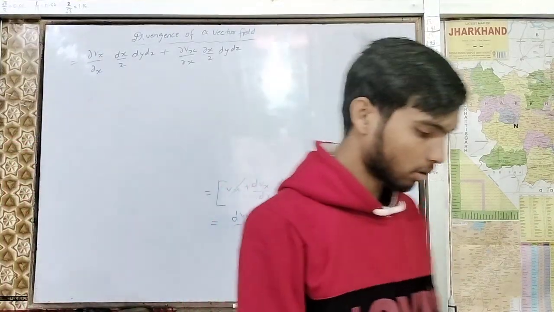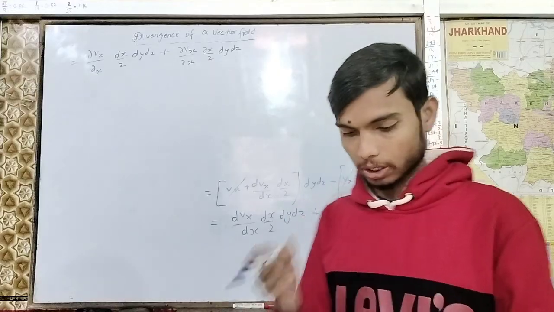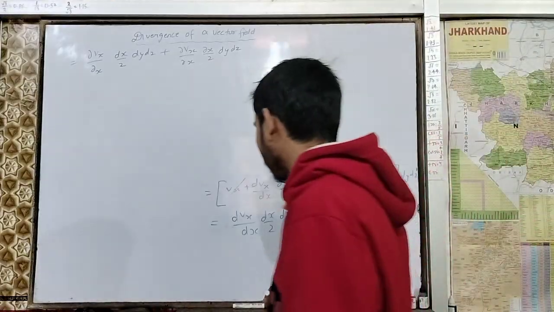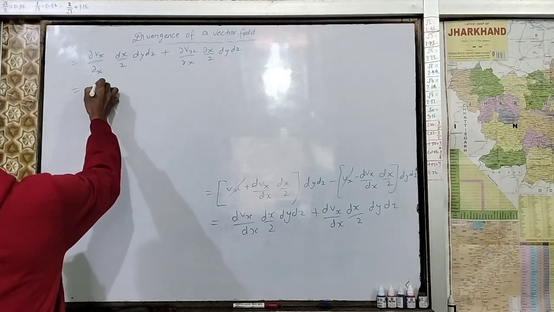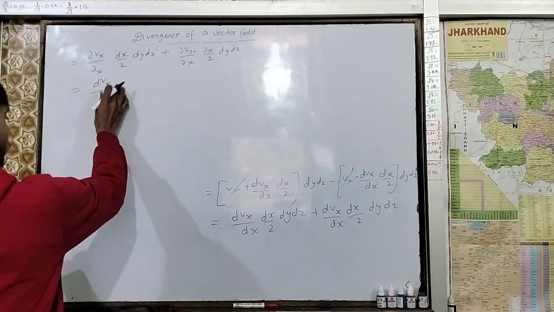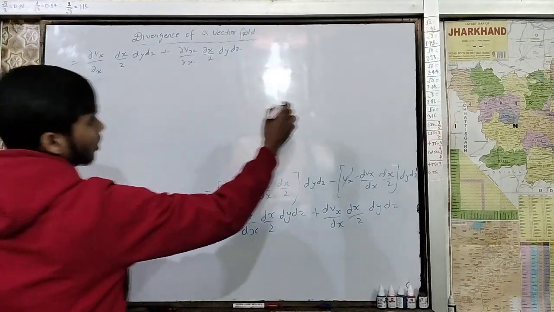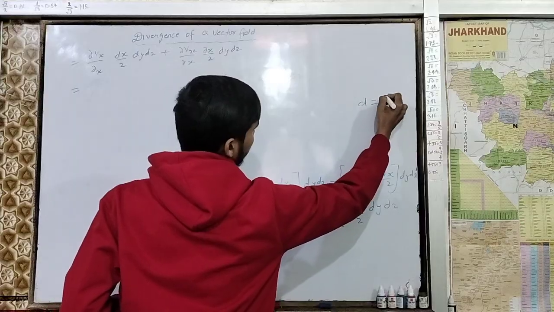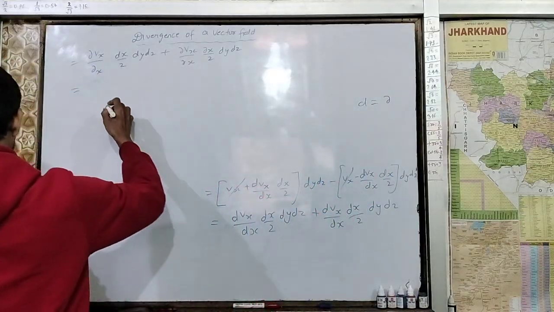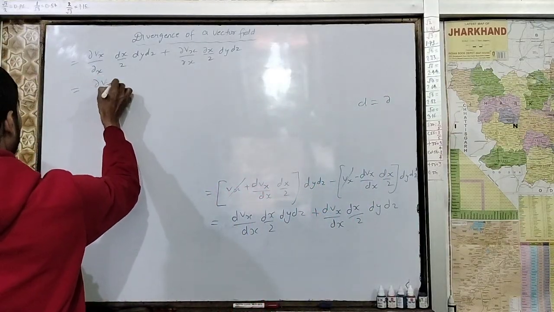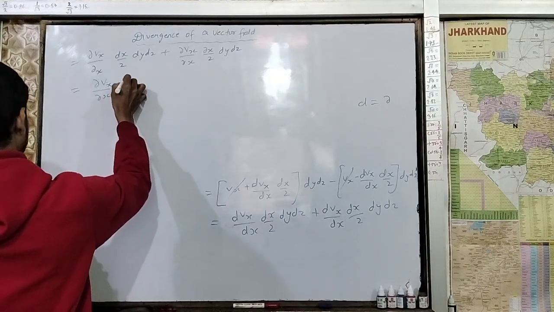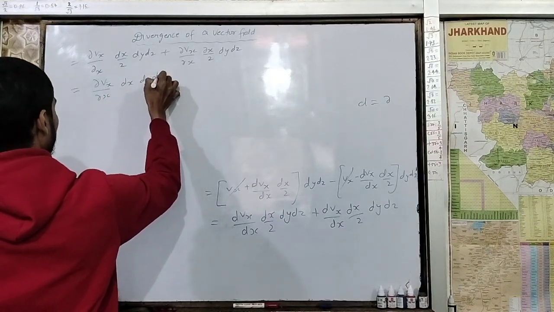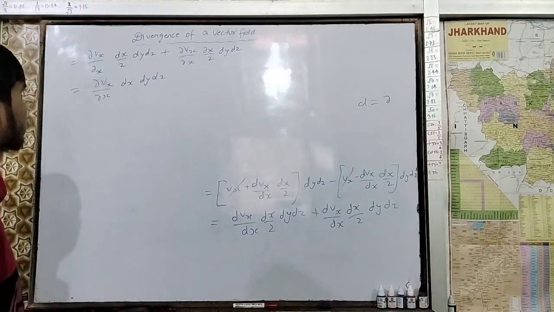From this equation. Now next. Try to understand. This is becoming dvx. You replace this d by curly d. Okay, curly d. So curly dvx upon curly dx, dy dz. How did it come?